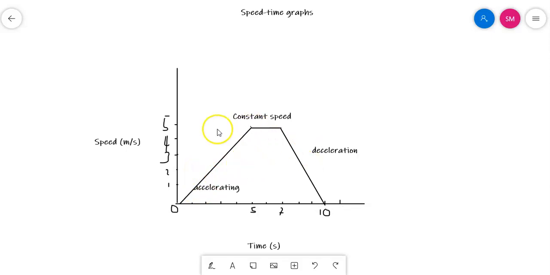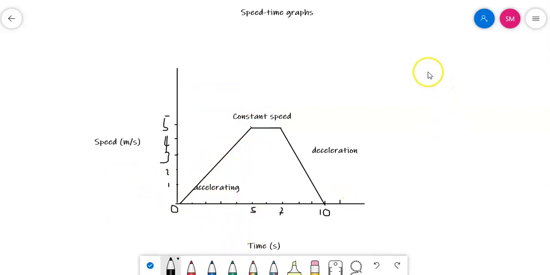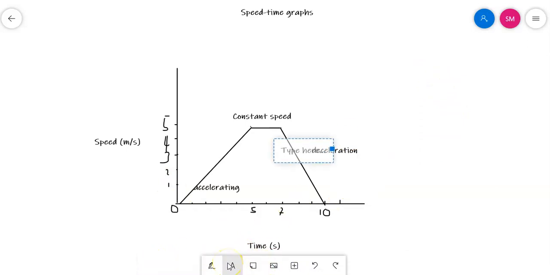The next thing that we can do using these speed time graphs is to calculate the acceleration of an object. The acceleration in these graphs is shown by the gradient, similar to how the speed in a distance time graph is shown by the gradient. So remember, the gradient equals the rise divided by the run.